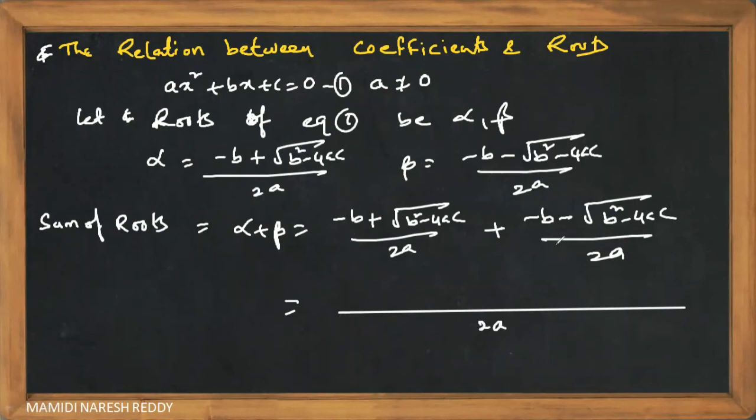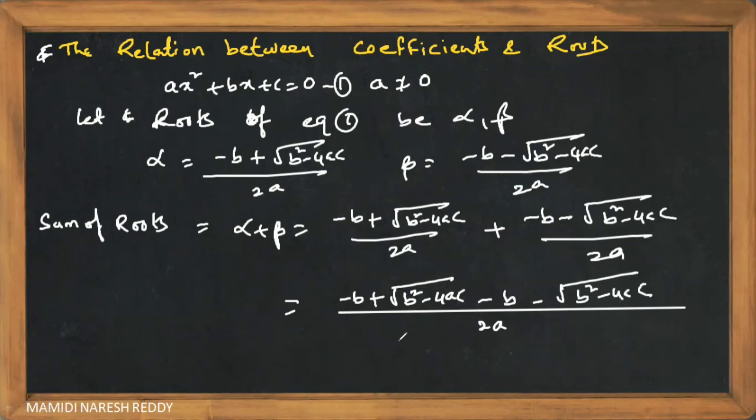As the two denominators are the same, we can write the numerators as they are. So I'm writing here minus b plus under root of b square minus 4ac, and here plus into minus gives minus: minus b minus under root of b square minus 4ac.